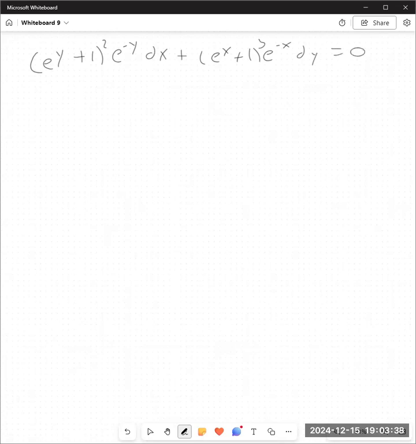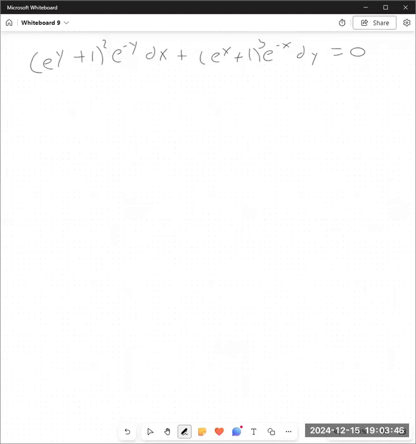All right, let's pick up where we left off last time with separable differential equations. And let's look at this one: (e^y + 1)^2 e^(-y) dx + (e^x + 1)^3 e^(-x) dy = 0.